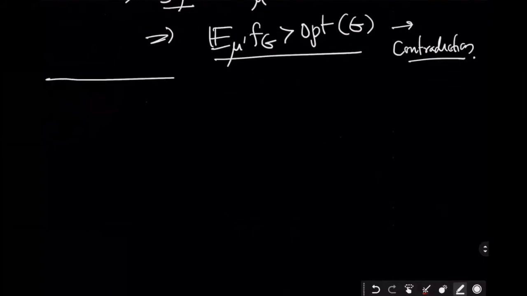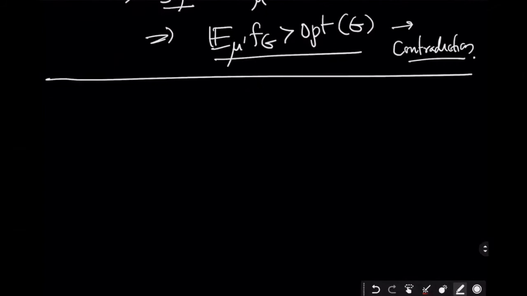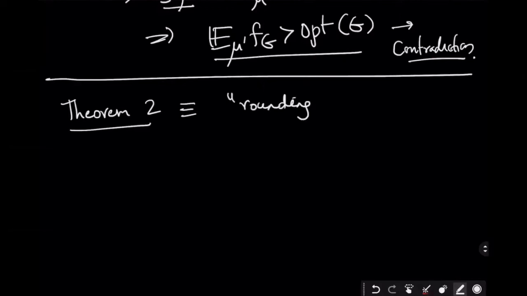Good. So now, before marching on to the proof itself, I want to explain why I look at theorem 2 here as a rounding algorithm. The term rounding comes largely from linear programming based algorithms in the 70s and 80s.